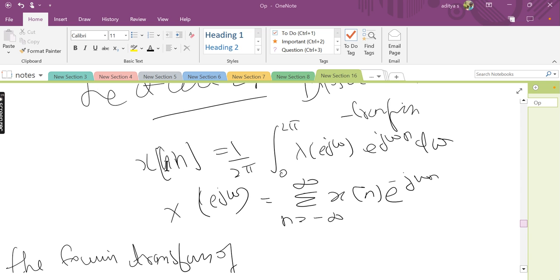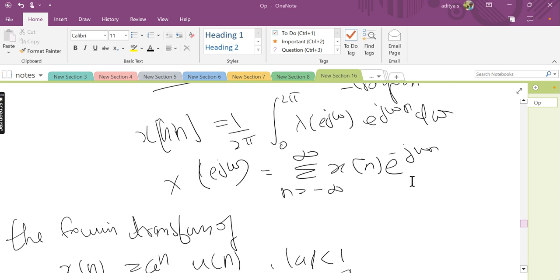So X of e raised to j omega is the summation from n equal to minus infinity to infinity of x of n into e raised to minus j omega n.